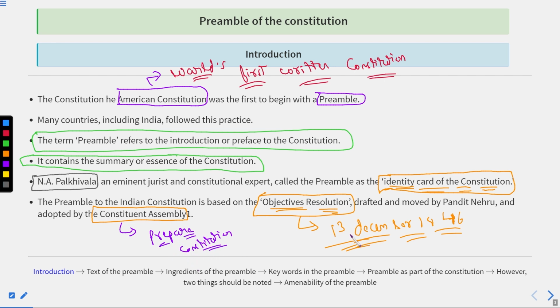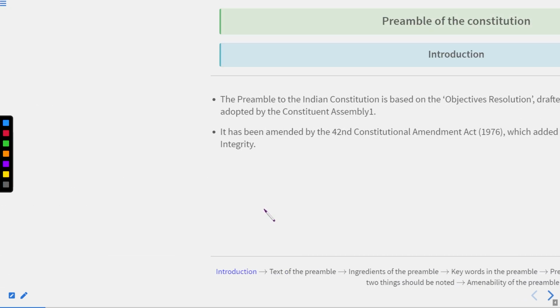So basically, the preamble of the Indian Constitution is based on the objectives and resolution part. Keep this in your mind.